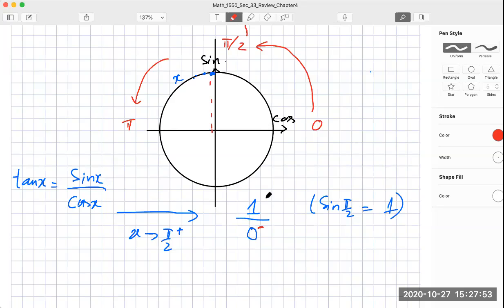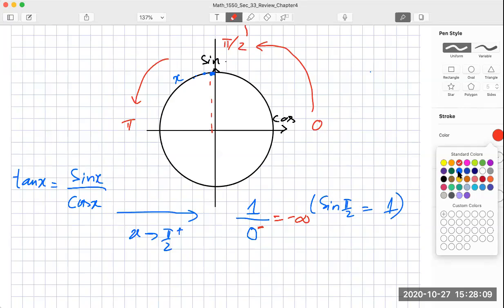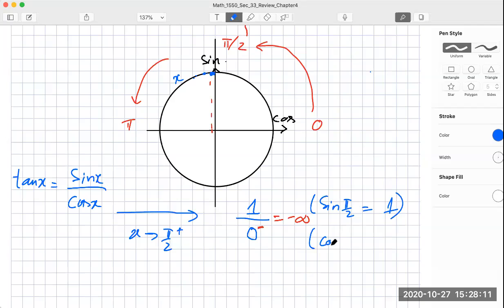And here you see that the ratio is 1 divided by 0, but it is a negative number. Therefore, it should be approaching negative infinity. So that's it for the second problem.